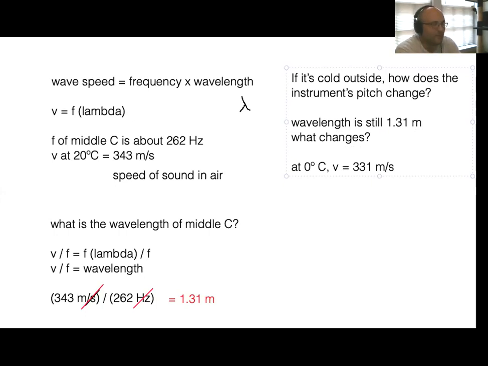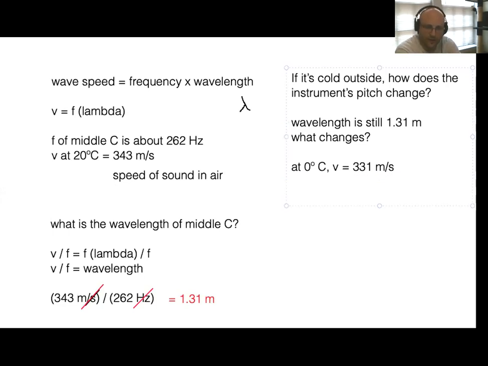So in a couple of weeks, we'll do some math and some examples showing the exact formula, which gives you the speed of sound at any temperature you want. But for right now, just know that at 20 degrees Celsius, it's 343. At 0 degrees Celsius, the speed of sound is less.